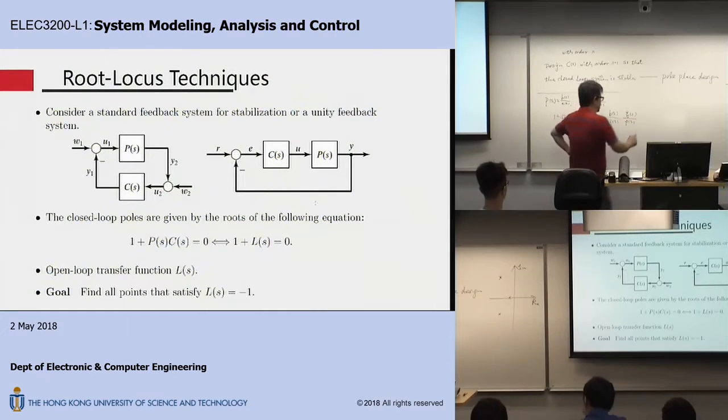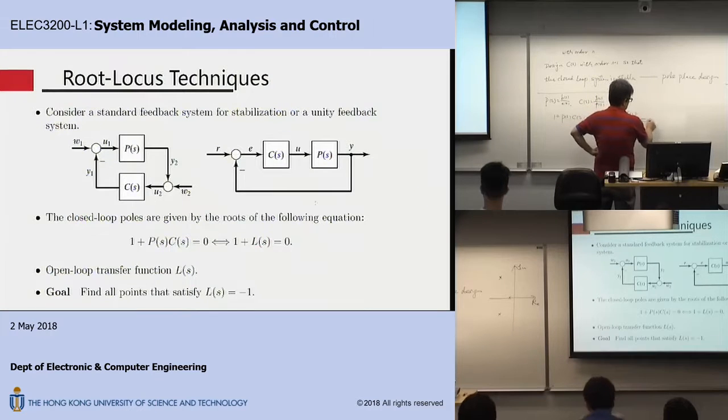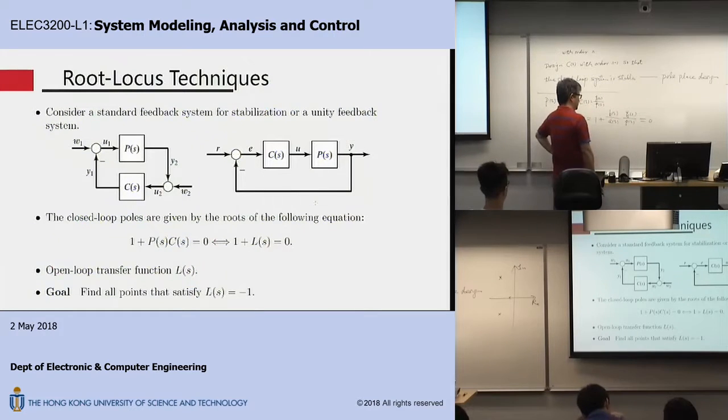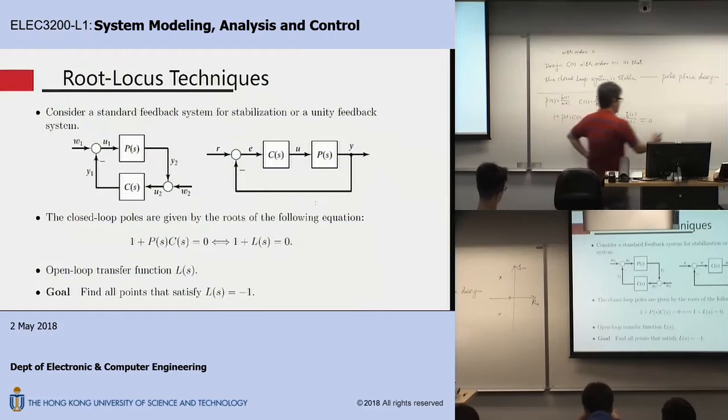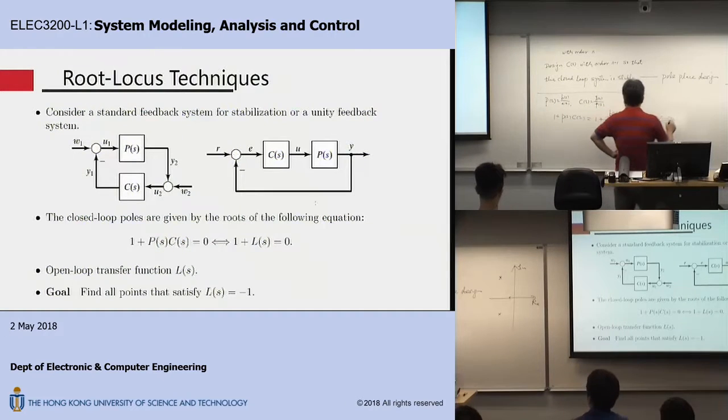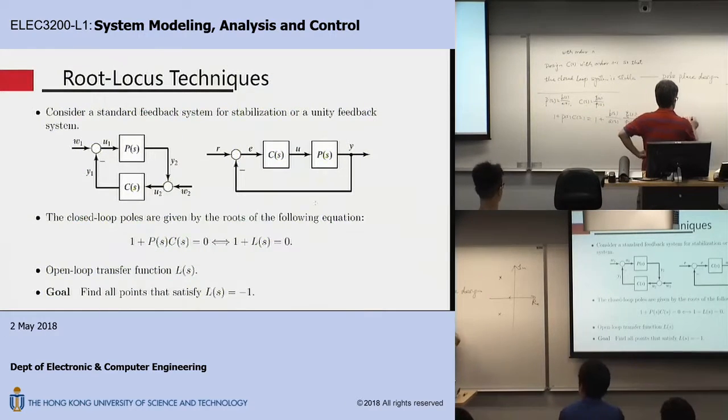If you want this to be 0, that's equivalent to A(s)p(s) plus B(s)q(s) equal to 0.